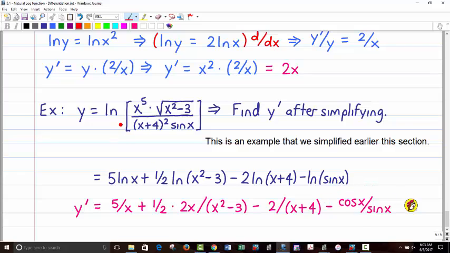So yes, this is right. Somebody could technically rewrite that as cotangent x if they feel like it. I could have cancelled those out if I wanted to, but it's not mandatory. That would be correct for the derivative of all this mess.